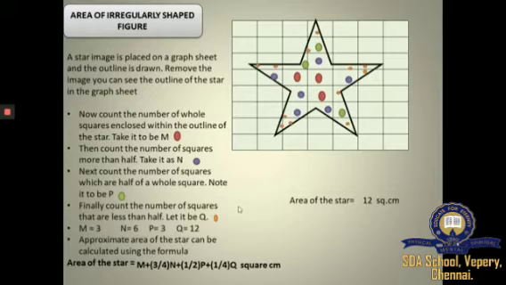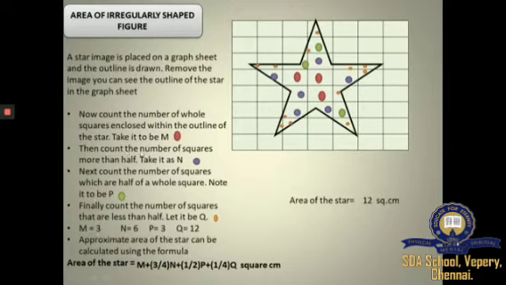Now count the number of whole squares enclosed within the outline of the star. Take it to be m. Here I have counted. This red circle represents the whole squares. So I have 3 whole squares. I have taken it to be m, so m is equal to 3.